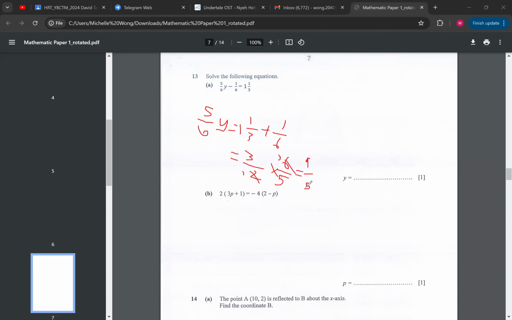It should be 9 over 5. And then after that, you take 9 over 5 and you divide by 5 over 6. We should then get 1 4 over 5 after converting our improper fraction to a mixed number.